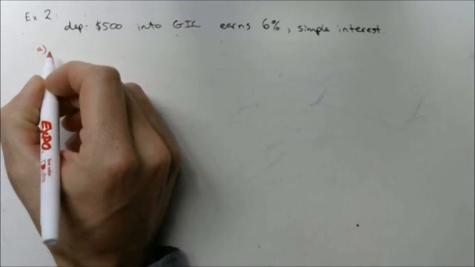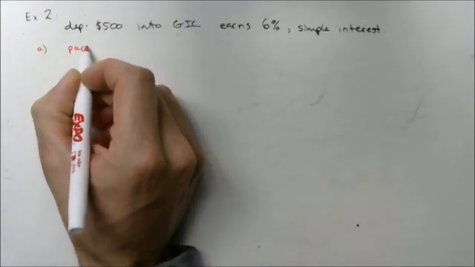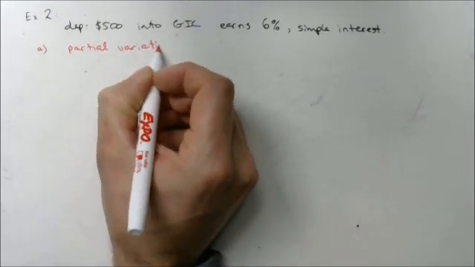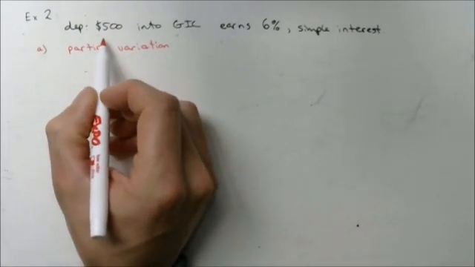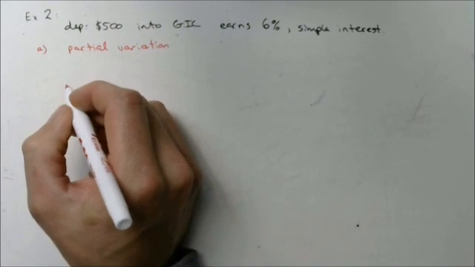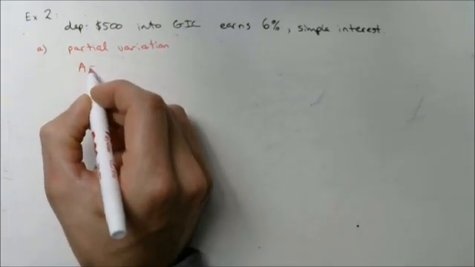All right, well, this is partial variation. The amount, that is, because we have an original amount and then we're going to gain interest on it. So it will vary partially with respect to the interest earned. We're asked to get a formula for the amount.